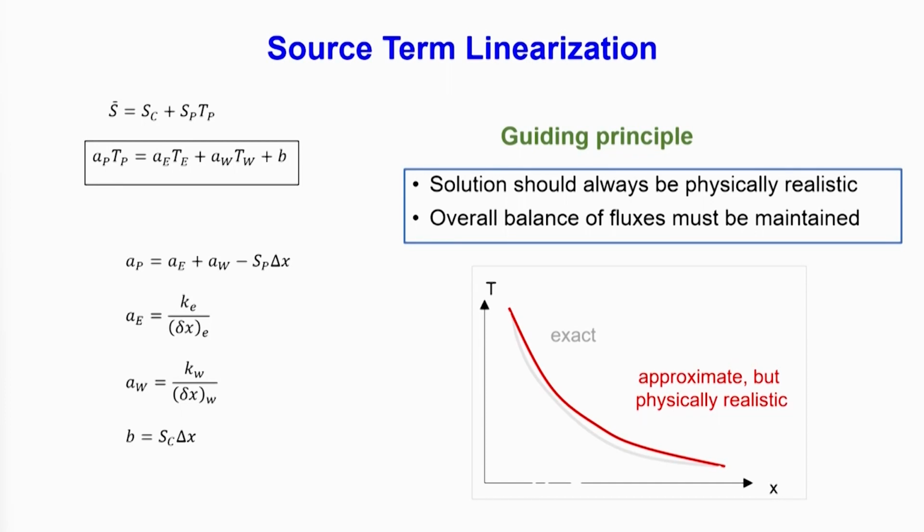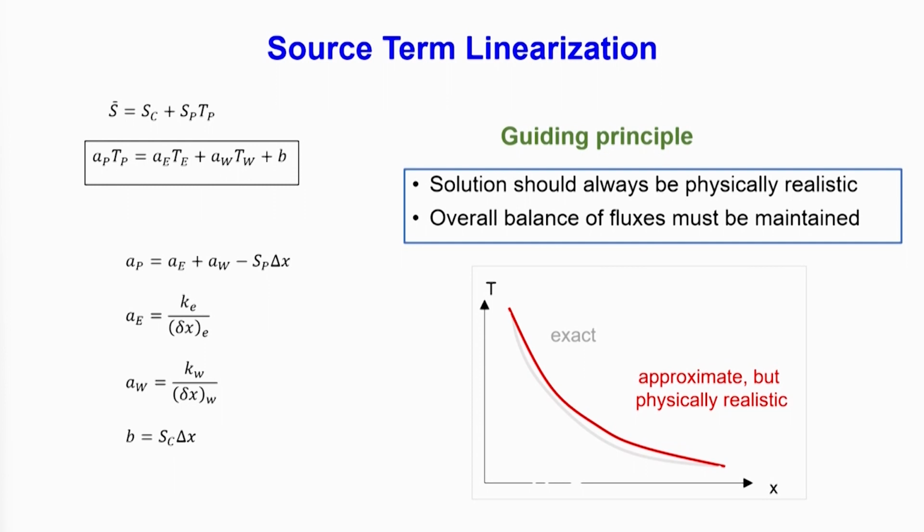So what can make AP negative potentially? If SP is positive, right? If SP is positive, overall AP may be positive or may be negative depending on SP, but you should not leave it to chance because every different simulation may have different SP values over which you have no control.